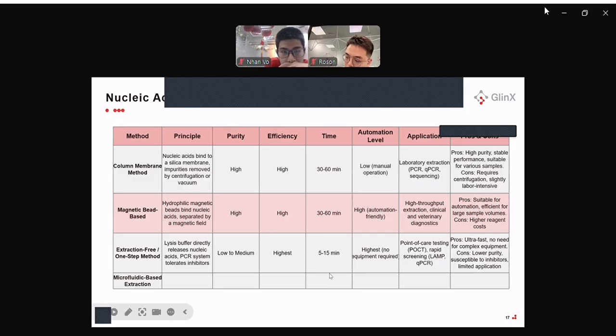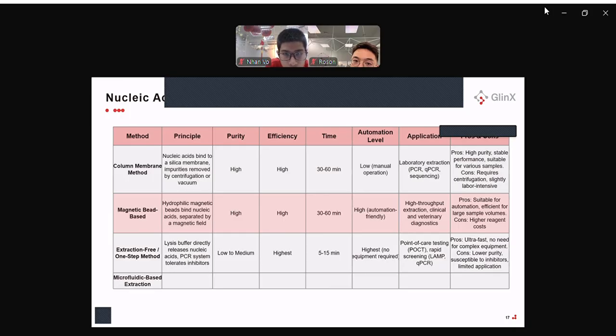We know that this kind of method is really, really fast, and because it does not require nucleic acids extraction and purification, people do not need to conduct sample preparation anymore. So the efficiency of this kind of method is really high. But as I said before, those impurities might influence the accuracy of the final results.